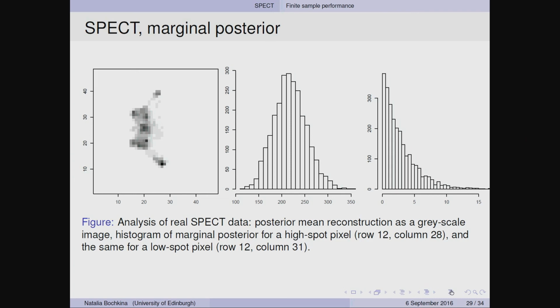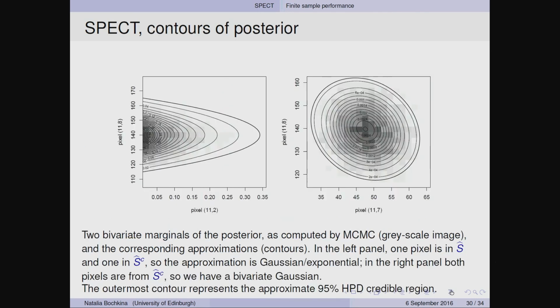This is the marginal distribution of one, and this is the marginal distribution of the other. So you see, we get both normal and exponential type distributions here, and that's without going to the limit. That's just the observed value, and these are the joint marginals. So you can see we can get a Gaussian distribution, but also a mixture of Gaussian and exponential.